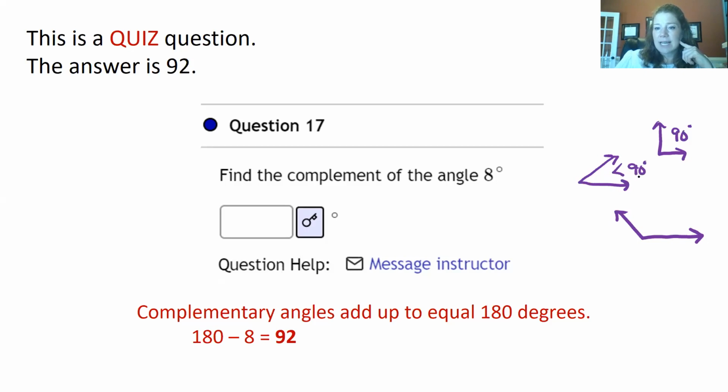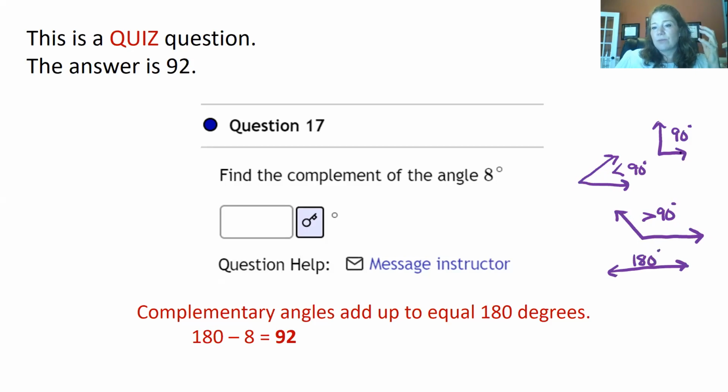Acute angles are less than 90 degrees, and obtuse is greater than 90 degrees. So you have a right angle, an acute angle, and an obtuse angle. Or of course we have a straight angle that equals 180 degrees.